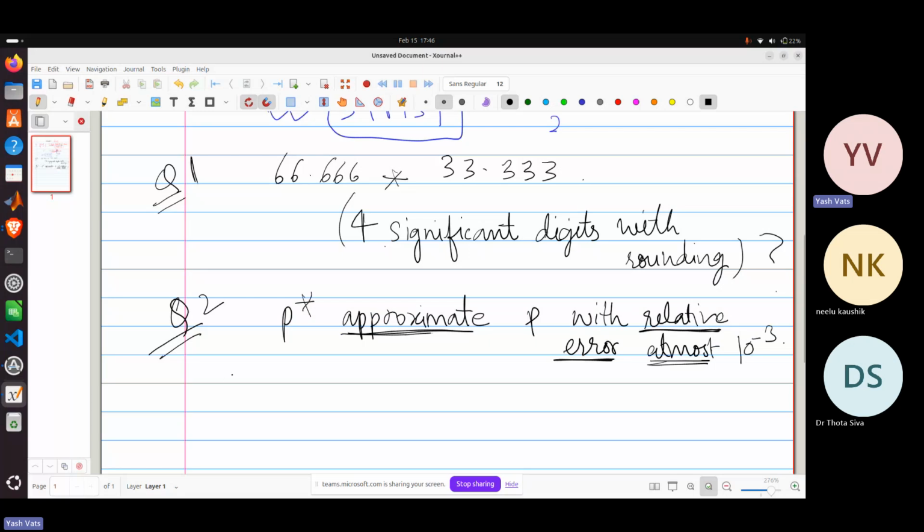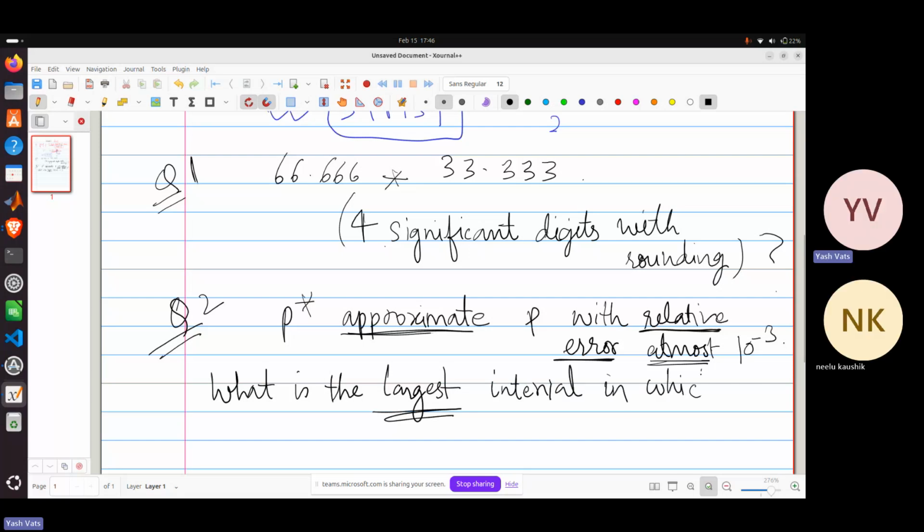Then you have to answer: what is the largest interval in which P star must lie for a value of P equal to 150? So just try to do these questions and let me know.